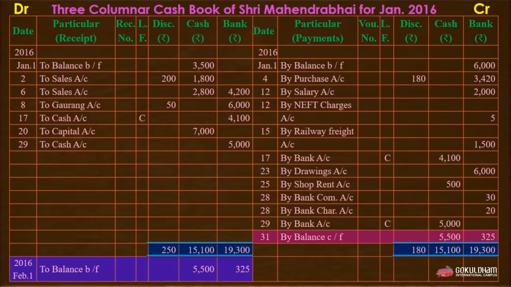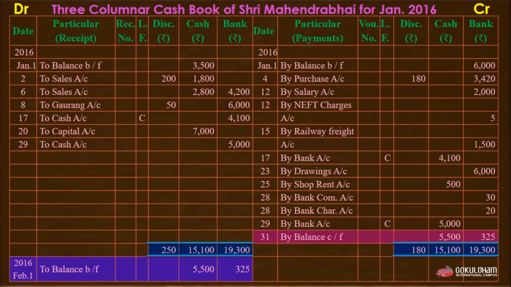Now all our transactions are finished. Then we close the cash book. First we close the discount column. We know that on the debit side it is our allowed discount and on the credit side it is our received discount. So on both sides we write only the addition in the discount column.